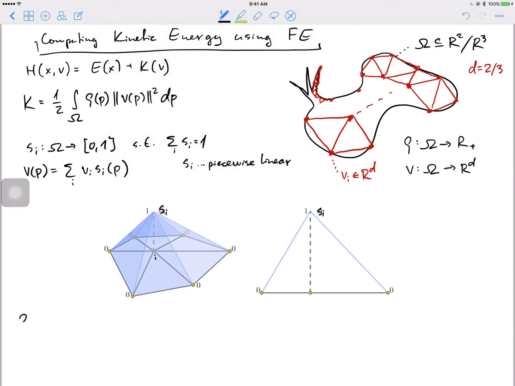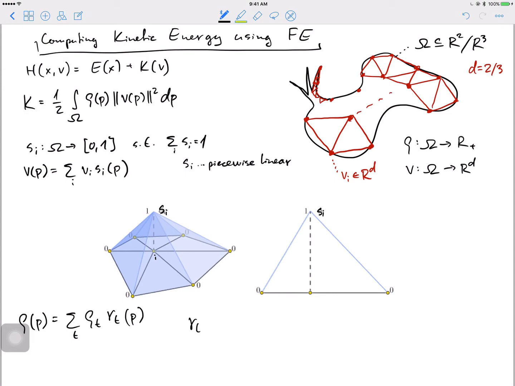And the simpler way will be that I'll say that my rho's will be interpolated using finite elements like this. It will be a sum, and this T indexes all triangles or tetrahedra. Sometimes I call them elements. Okay, this will be the density of element T, and this will be the shape function corresponding to an element, R_T(p).